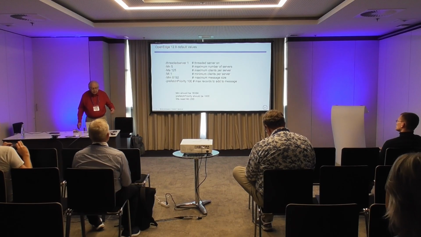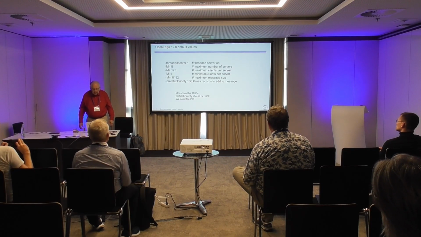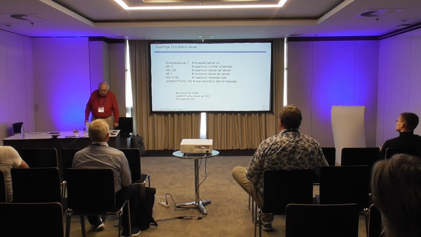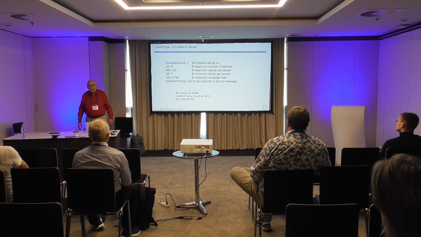The minimum clients per server is 1. The message size is 8192. Then the prefetch priority, as I learned yesterday from Tom Bascom, you should set that higher than 100.